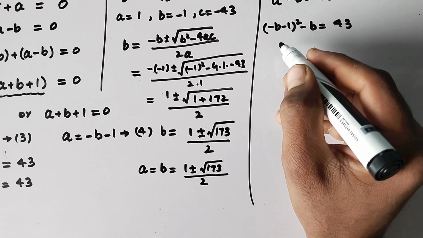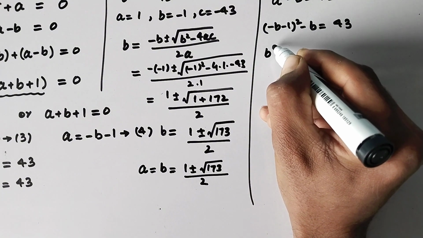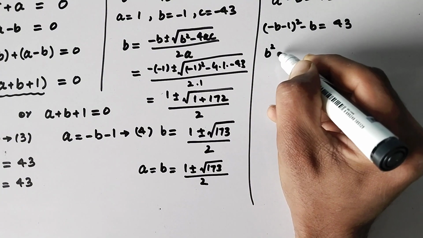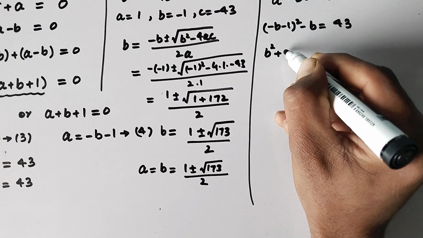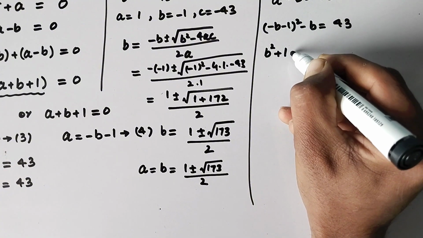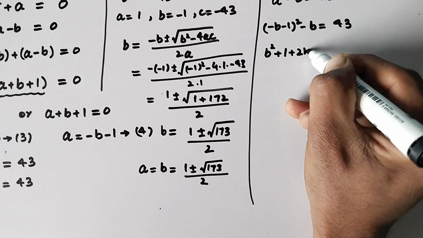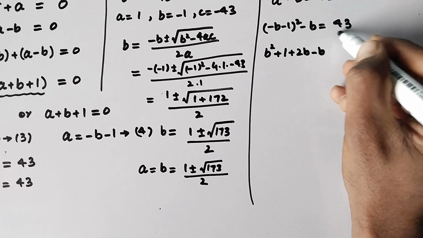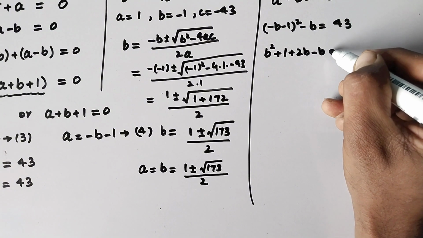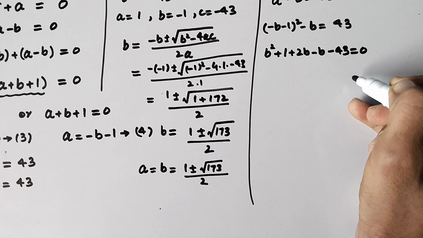So here it will be equal to minus b squared is equal to positive b squared, minus 1 squared will be equal to positive 1, and here it will be plus 2b, and here is minus b, and we will also take this 43 on the left hand side, so here is minus 43 equal to 0.